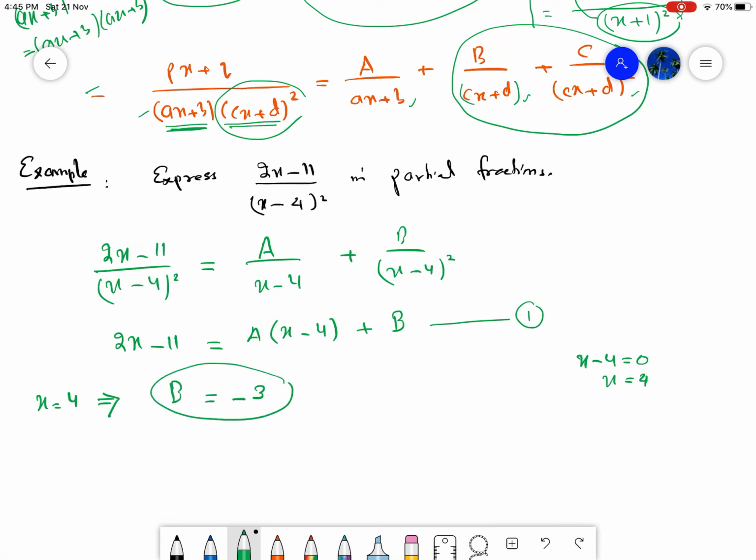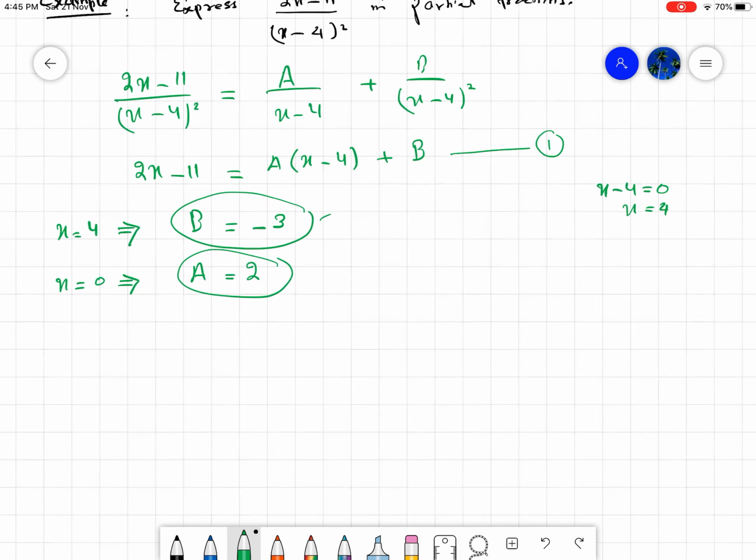So this is one value. Now because there is no other factor for which we can get a value of x and insert it in equation 1, we take 0. So put x equal to 0 in equation 1. Once you put x equal to 0, the value of B is already there, so you can get the value of A, which is equal to 2.